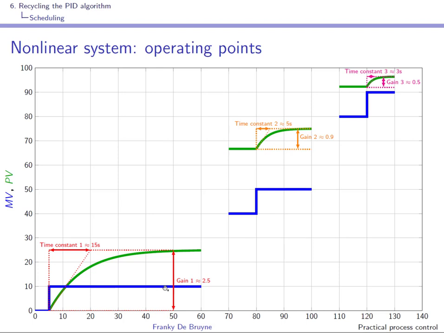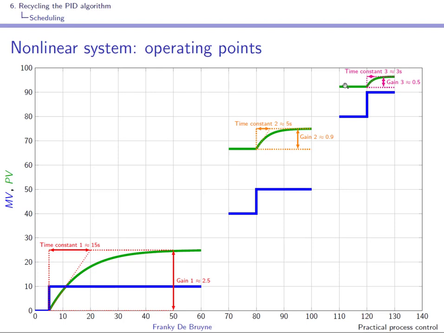As you can see, in this first case, the gain is roughly 2.5 and the time constant is 15 seconds. In the second case, the gain is 0.9 and the time constant has been reduced to 5. And in this third case, the gain of the process around that operating point is further decreased, and this is also the case for the time constant.